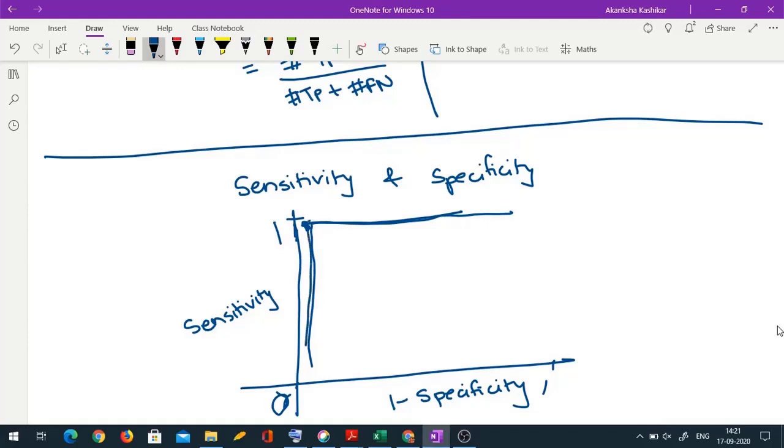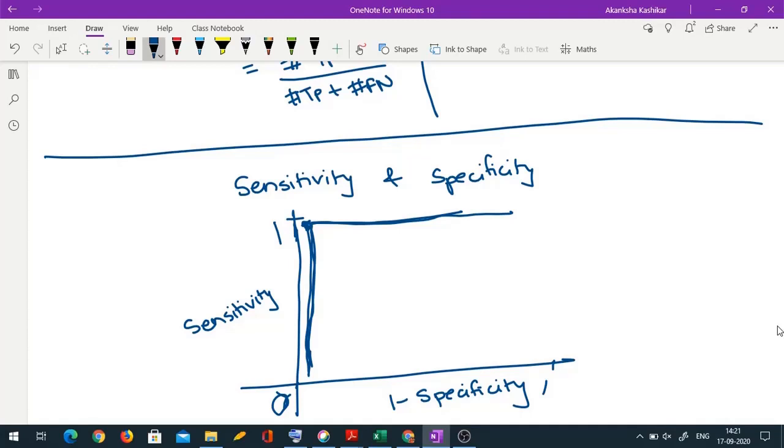So what does this mean? Even if I change specificity, my sensitivity ideally should still remain at a high level. Similarly, even if I change my sensitivity, my specificity should still remain at a higher level. So 1 minus specificity should always remain at a low level. This is the graph of an ideal classifier.